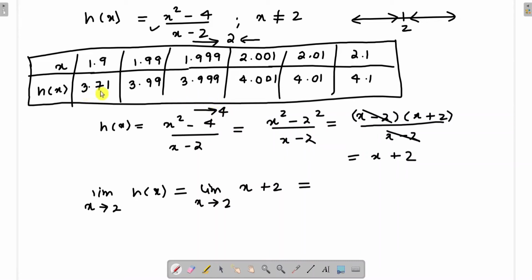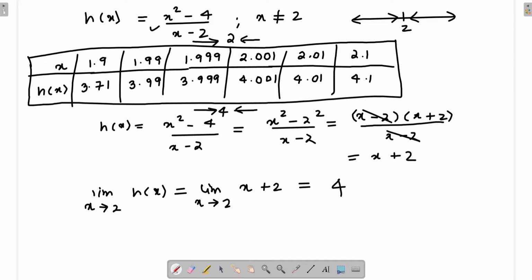You can see this 3.71, 3.99, 3.99, and from the right hand side the function value is again approaching 4, right? So the limit is 4 from the table. So you can calculate the limit in this way.